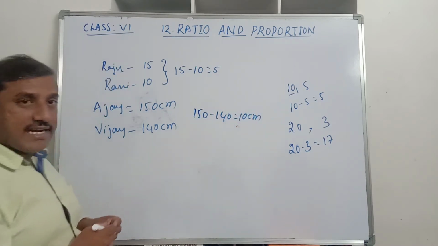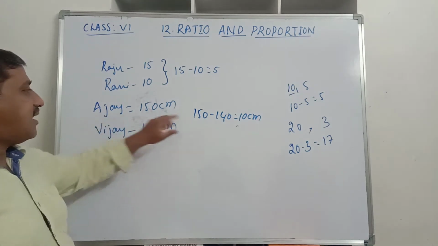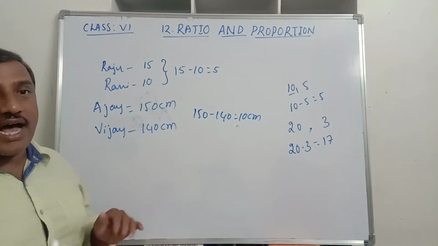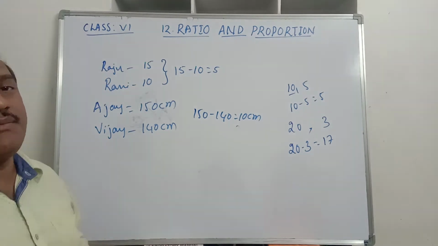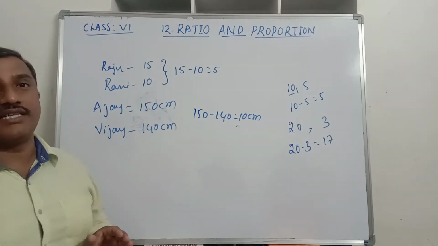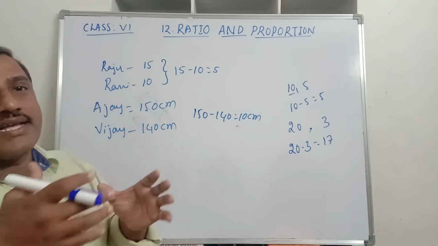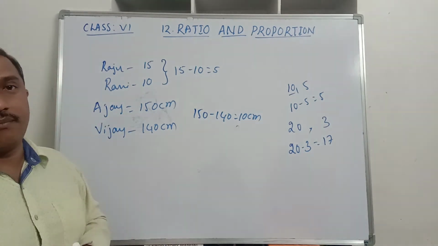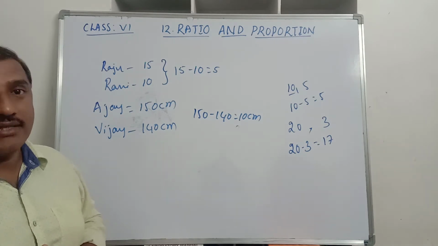So we can say Ajay is 10 centimeters taller than Vijay. Here also we compare the heights of the 2 persons, Ajay and Vijay, by subtracting.